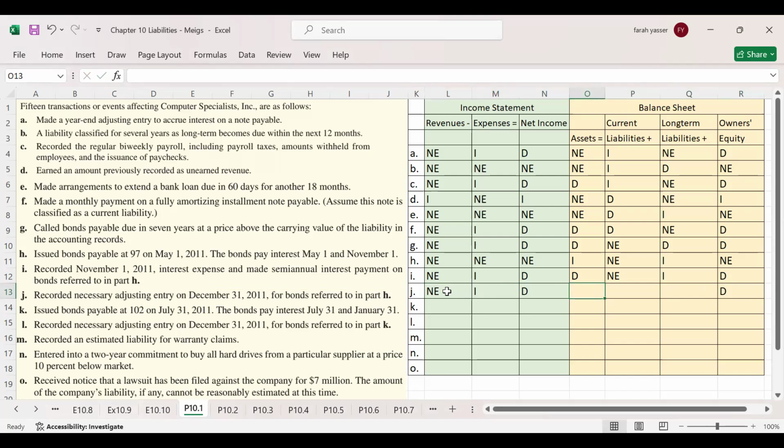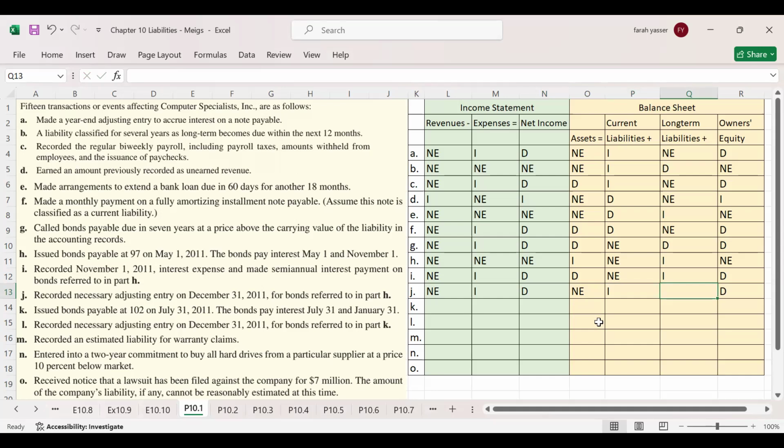However, this is an adjusting entry, so no cash is paid or received. So no impact on assets or cash. Whereas interest payable is a current liability. So current liability will be increased, as well as the amortization of discount on bonds payable will also be recorded.